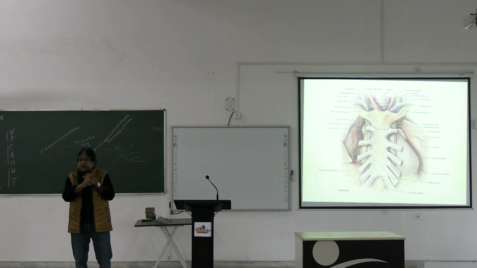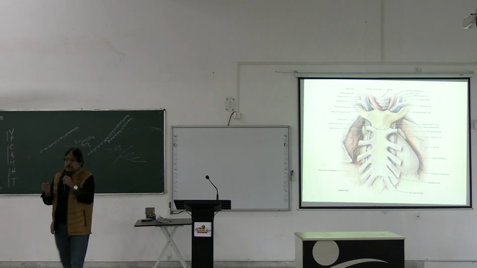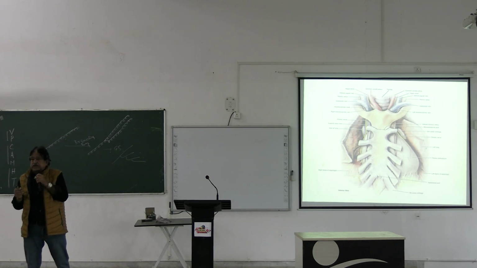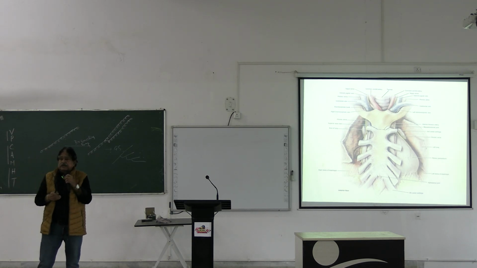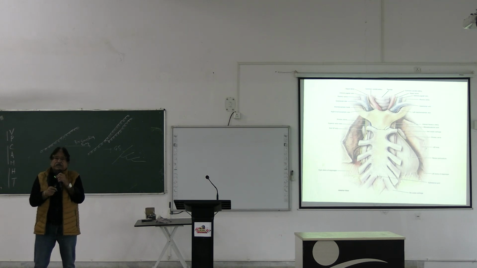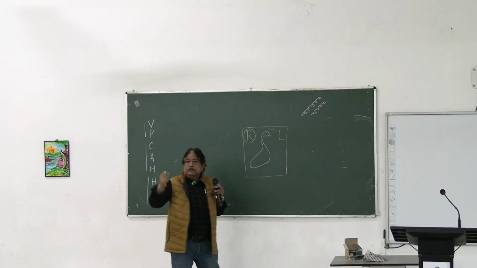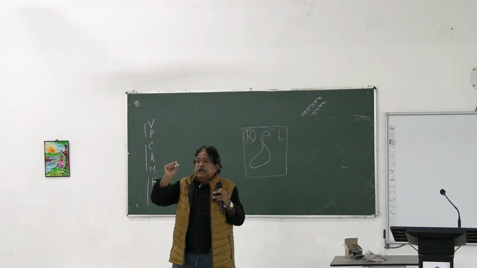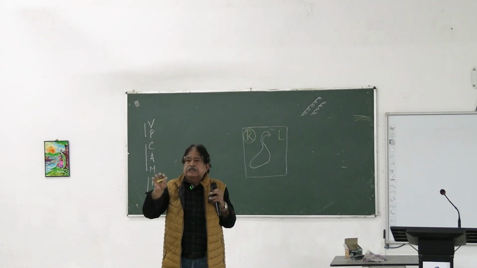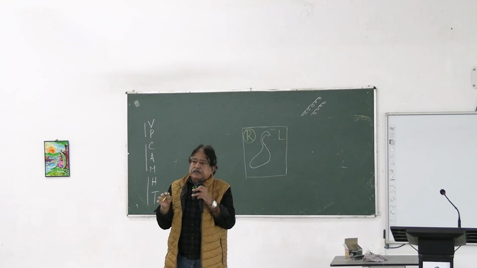I have a collection in the department of a radiograph or X-ray chest of dextrocardia; we have it in our collection. So please, when you do the radiology and the plate is given, you see the R symbol typed in your X-ray plate.